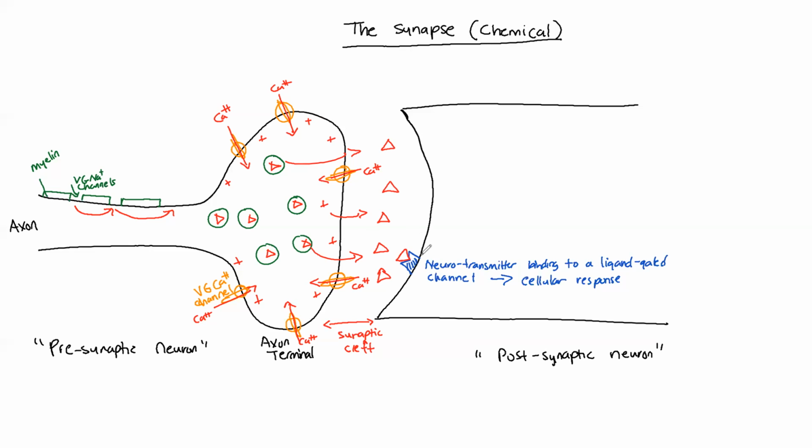It's going to help get us closer to firing another action potential on this adjacent, postsynaptic neuron. So this is what I mean by electrical to chemical, back to electrical, by the binding of this chemical, which is a neurotransmitter, to this ligand-gated channel, opening up this channel and facilitating events which would be either depolarizing or hyperpolarizing, depending on the state of this cell. That would potentially get us closer to our threshold and fire another action potential on the postsynaptic neuron.